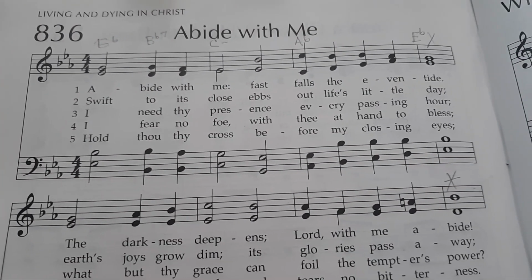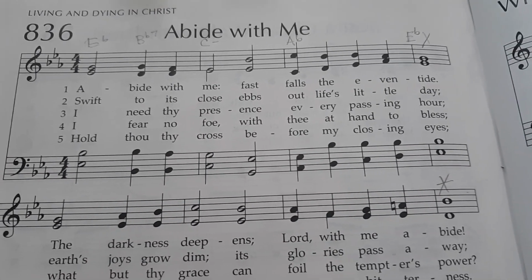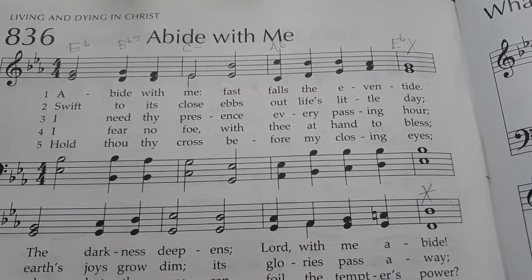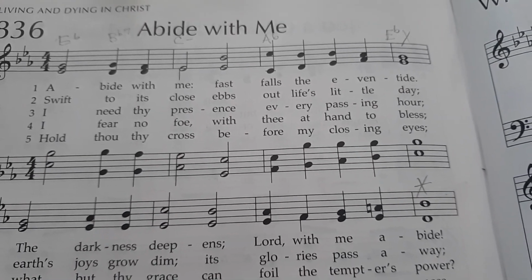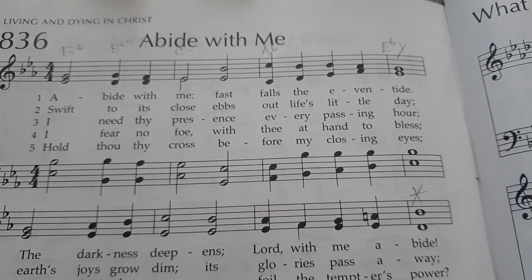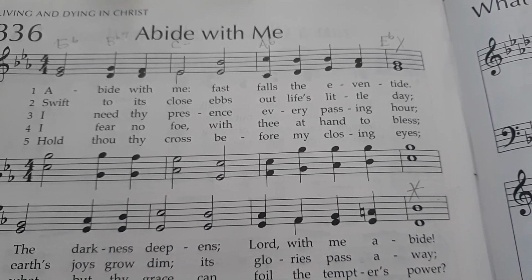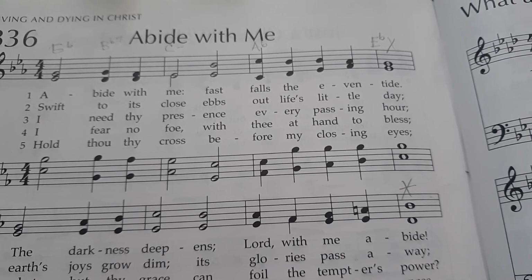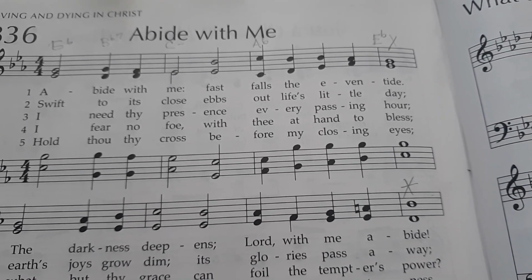Okay, next measure. After the C minor chord, we've got a G, E flat, and B flat. Now, in essence, that's just an E flat chord again, but it's over a G. Don't worry about writing in inversion numbers and all that.